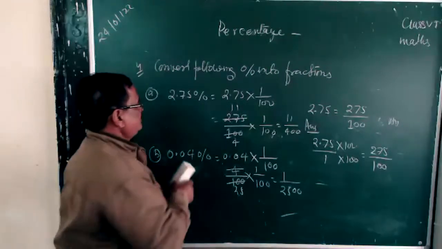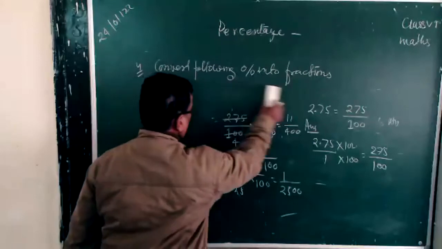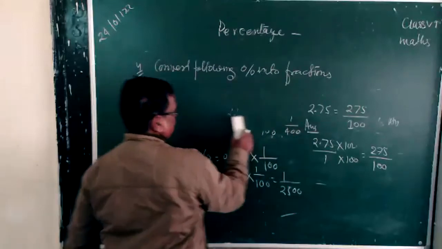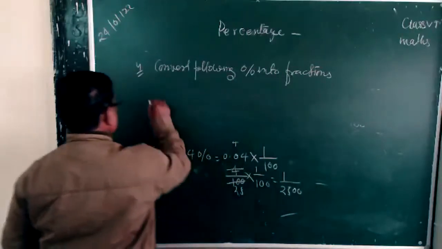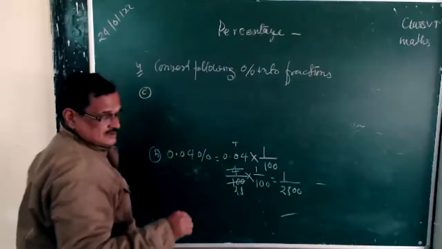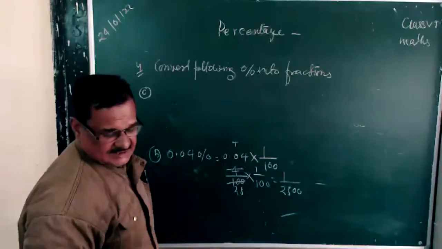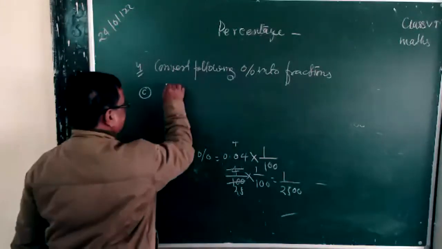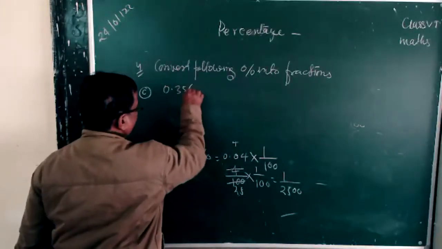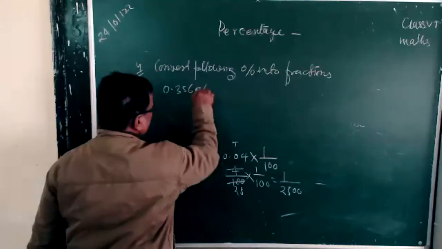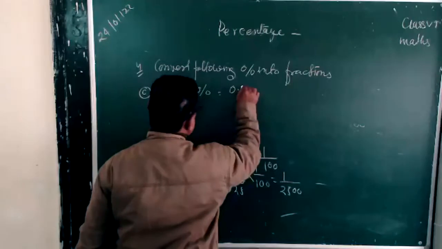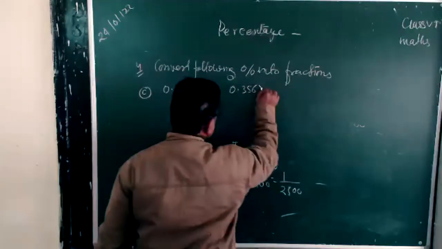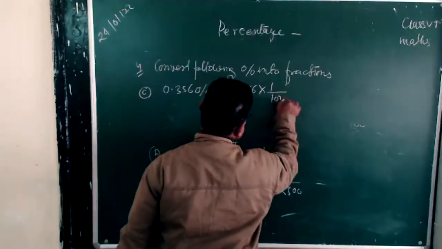Then given 0.356%. 0.356 is equal to 0.356 into 1 by 100.